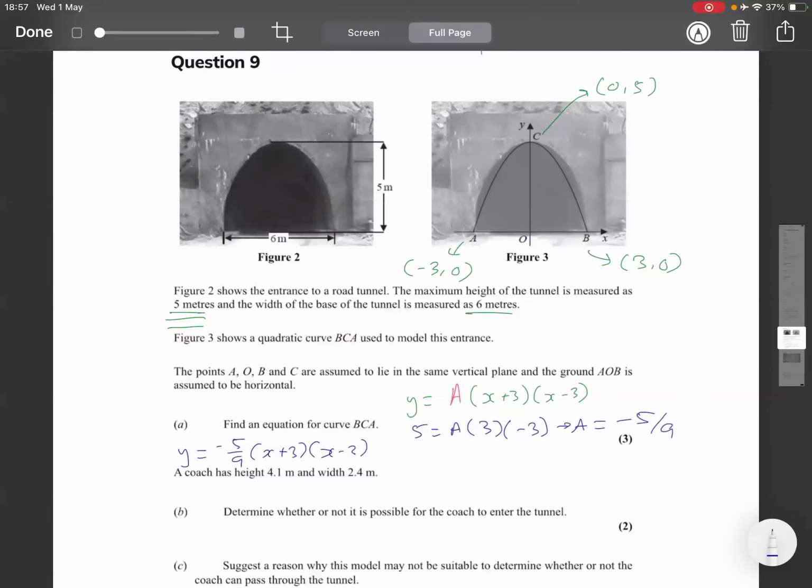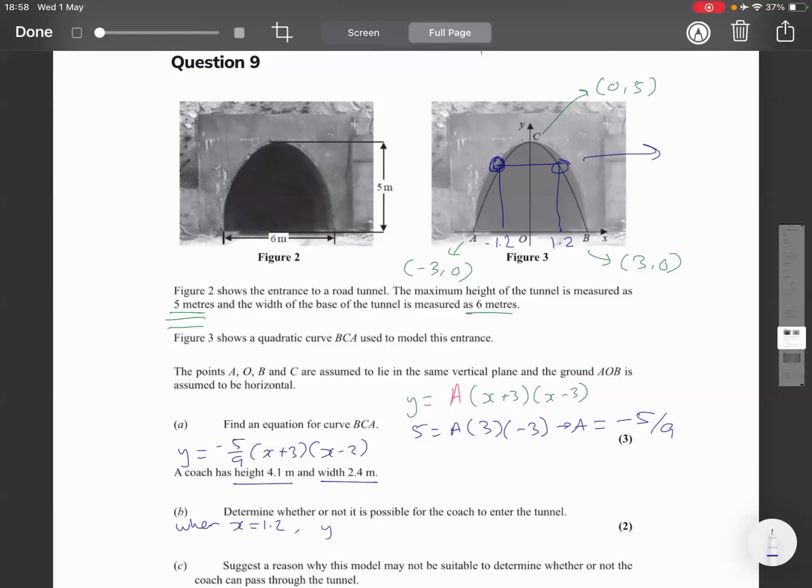For this one, we have a height of 4.1 and a width of 2. So basically it's saying that the coach is going to try and squeeze in there, right? So 1.2 and minus 1.2. So how would we find this coordinate? Either of these. Let's just focus on this one. We sub in x equals 1.2 and we find out y, right?